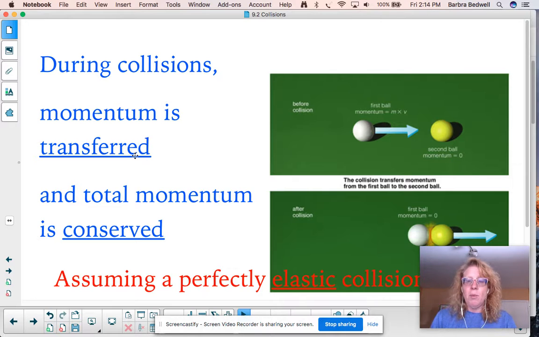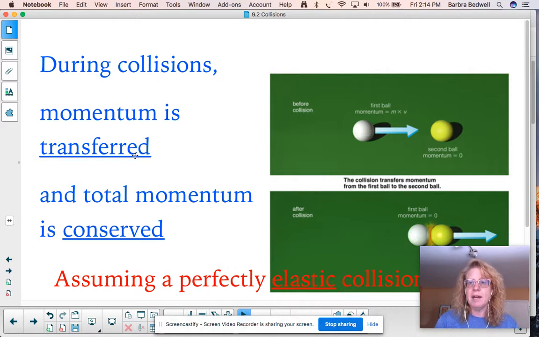We had two objects with mass beginning with a set of velocities associated with what they were doing beforehand, and then somehow that velocity, that energy, got transferred to the after situation. Sometimes all of the momentum is transferred to one thing. Sometimes it's shared between the two things. Lots of different things can happen, but again, momentum is being transferred.